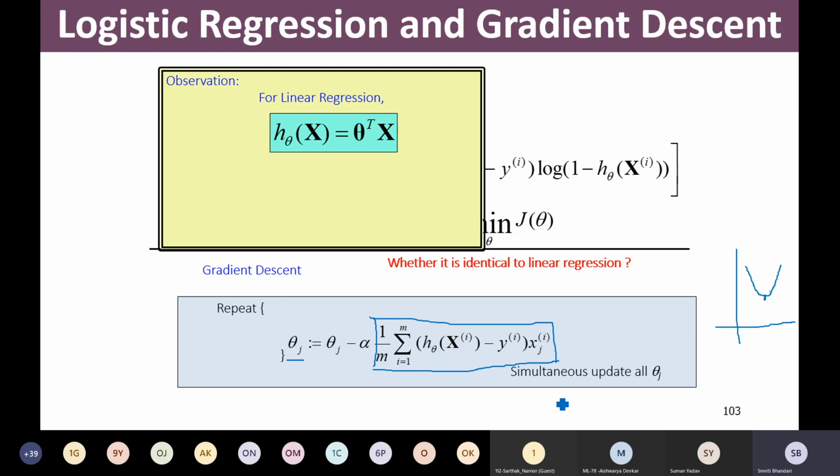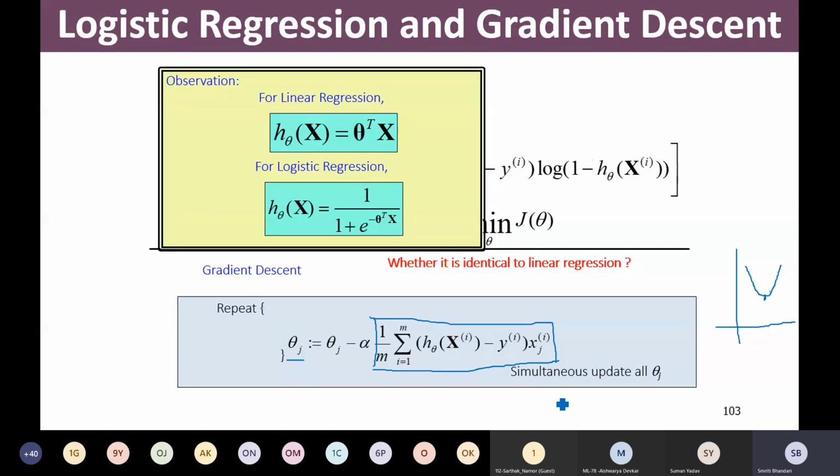For linear regression, the hypothesis is h theta x equal to theta transpose x. And as you rightly stated, it gives us a continuous value, maybe from minus infinity to plus infinity. But in the case of logistic regression, our hypothesis is different: h theta x equal to 1 divided by 1 plus e to the power minus theta transpose x. This is a sigmoid function or logistic function, which defines our hypothesis.